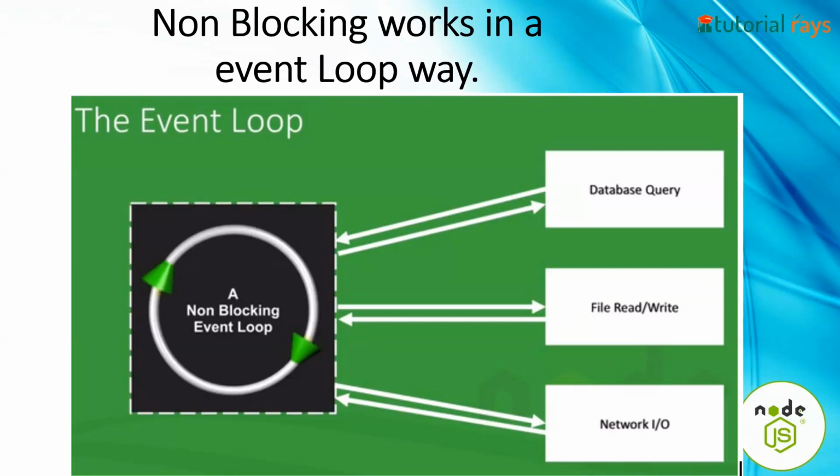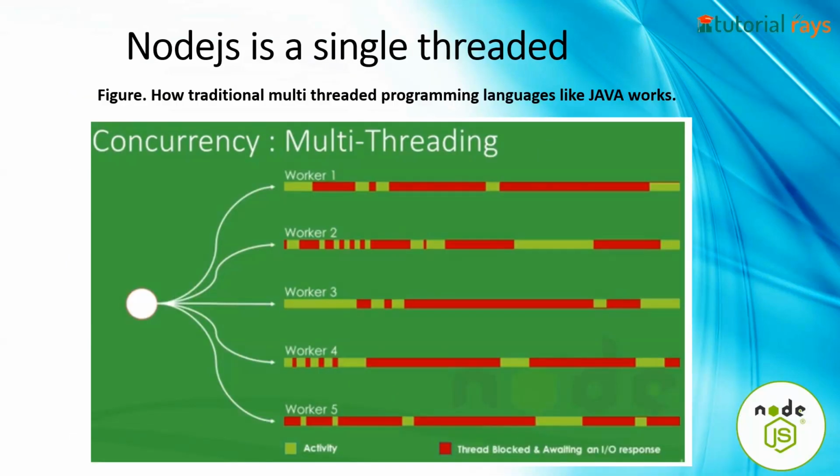If you remember, I had mentioned before that JavaScript or Node.js is single threaded, not multi-threaded, whereas Java is a multi-threaded programming language. So what happens in multi-threaded? Suppose there is some data or task.